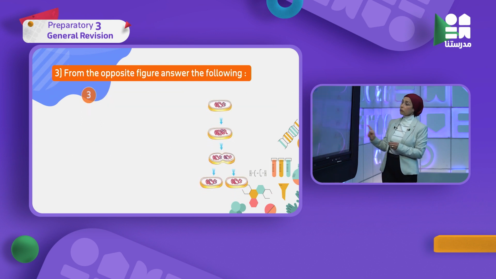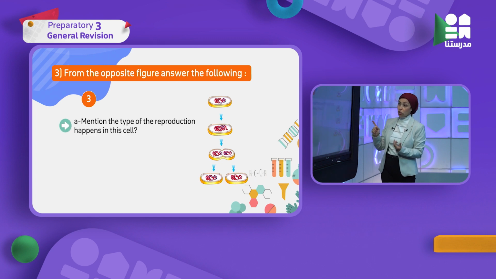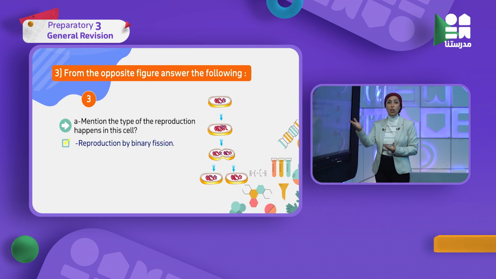Next. Here I have a type of reproduction. They ask me about the name of this reproduction. Mention the type of reproduction that happens in this cell. What is the type of reproduction? It's asexual reproduction by binary fission, in which the cell is divided, giving out two identical daughter cells similar to the parent cell.